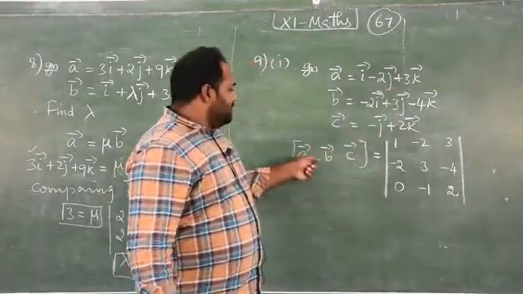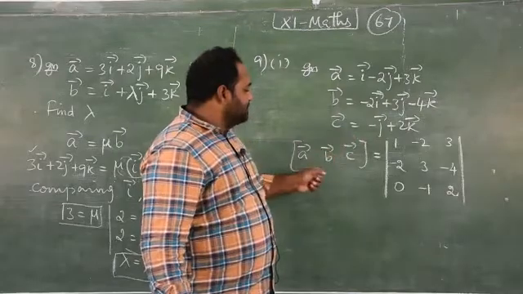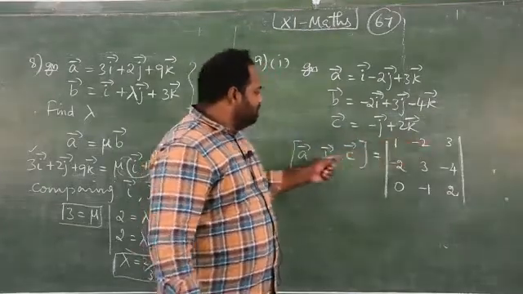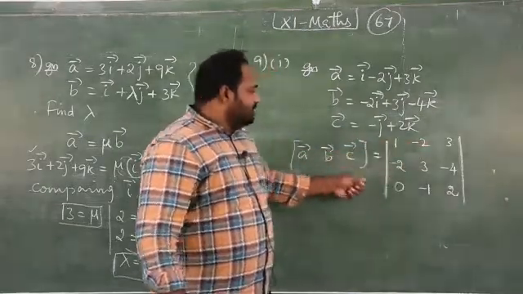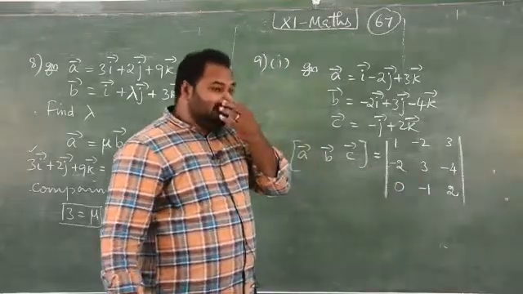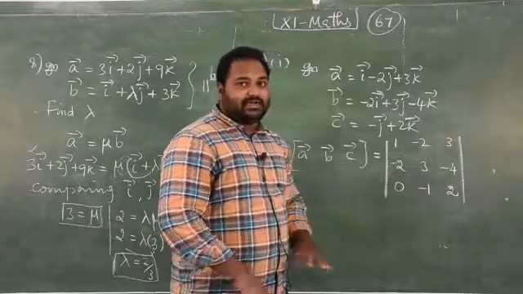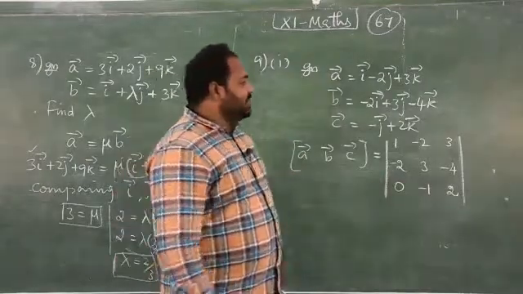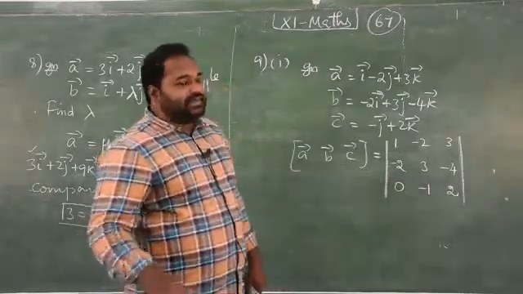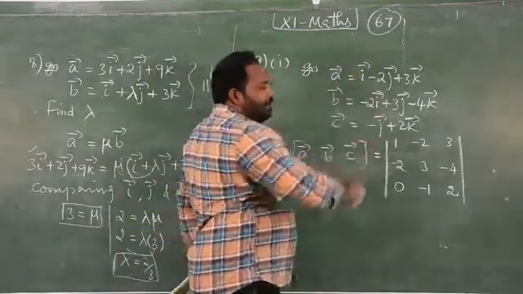A is the first row, B is the second row, C is the third row. Once again I tell you, the box product means it is a determinant. If you are getting determinant value 0, we can say that the given vectors are coplanar.